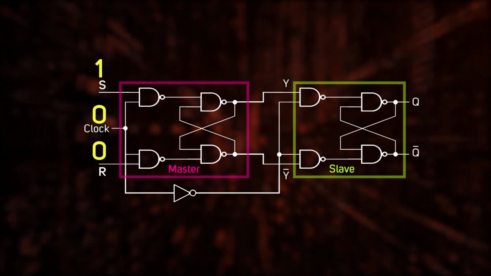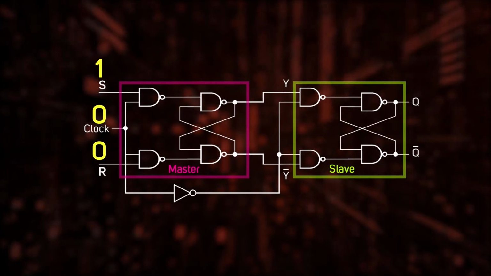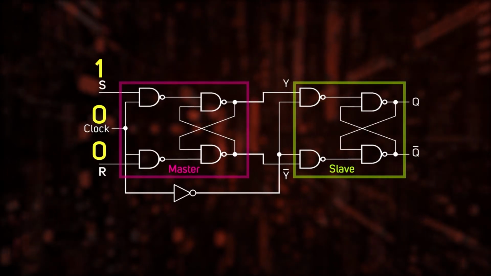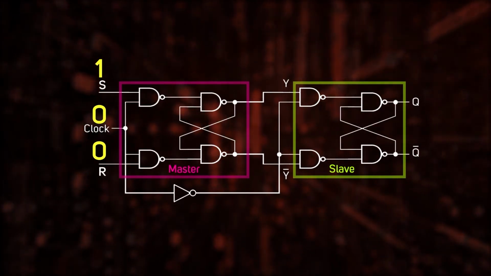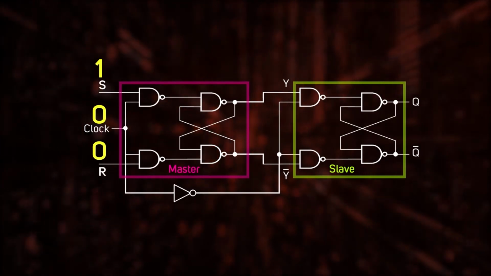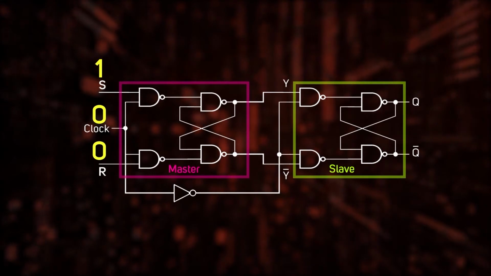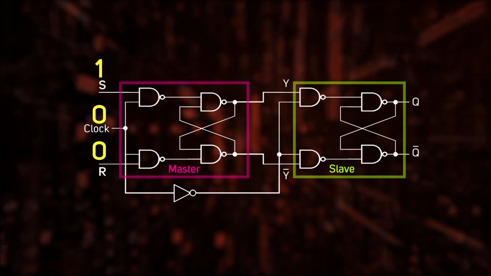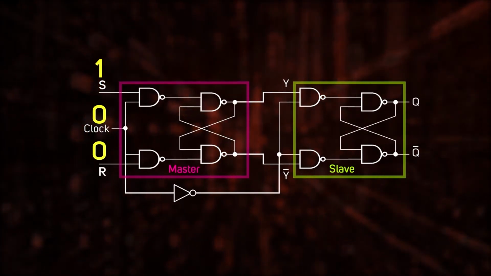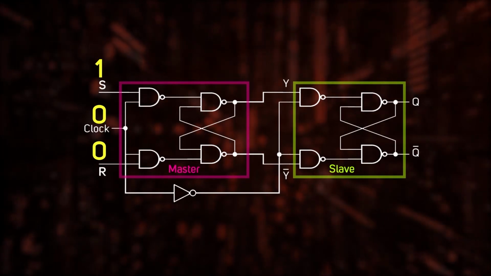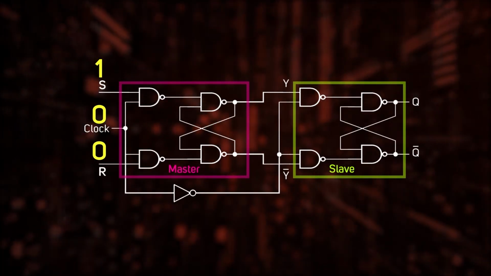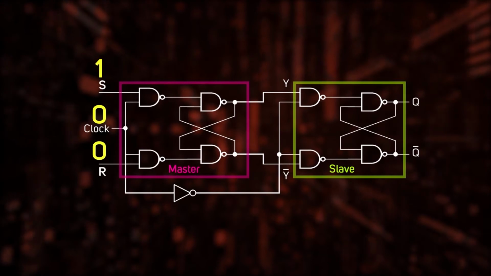What happens then? The master flip-flop has the clock input as 0, which forces the master flip-flop to remain in the previous state. What was its previous state? The flip-flop was in a set condition. The slave flip-flop now gets activated, the inverted clock pulse becomes 1 and triggers it. Now, what are its inputs?